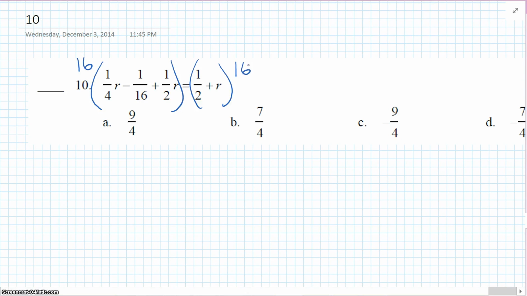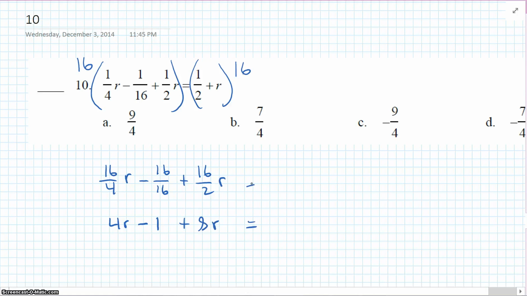Because whatever you do to one side of the equation, you have to do the other. So that's going to become 16 over 4R, which will reduce to 4R, minus 16 over 16, which will reduce to minus 1, plus 16 over 2R, which would be plus 8R, equals 16 over 2, which would be 8, plus 16R, which would be 16R.